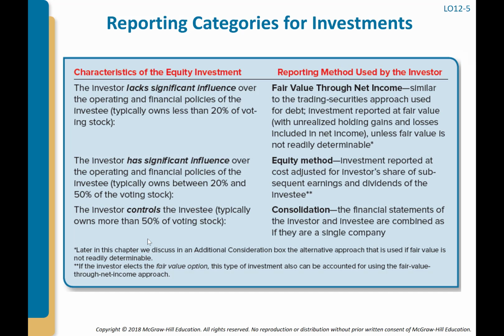So if the investee had $100,000 of income and we own 40% of the stock, we will debit the investment $40,000. We will credit investment income $40,000 because we're taking our share of our investee's income. Dividends are treated as though they are a distribution of earnings. So dividends will actually reduce the value of the investment on the balance sheet as those earnings get distributed out under the equity method.